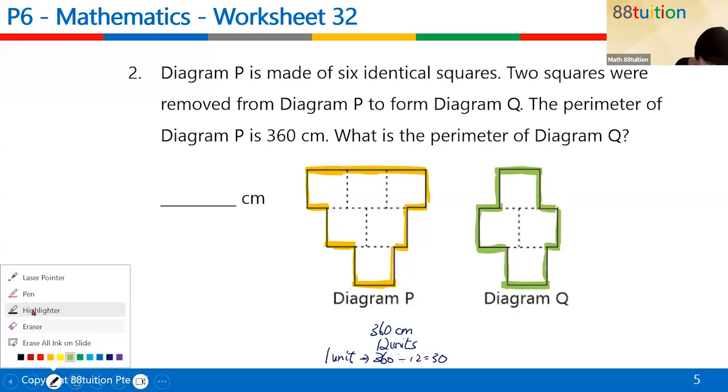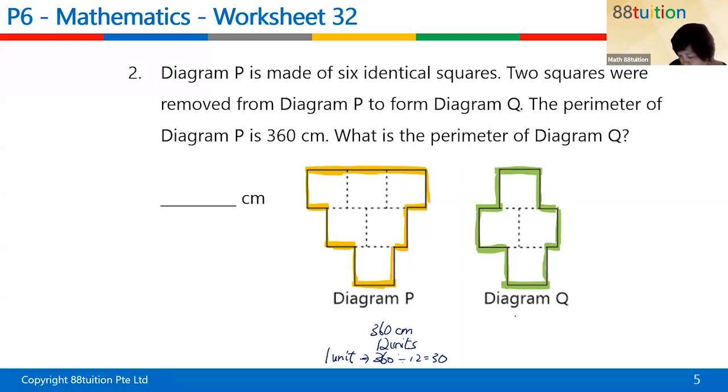So you have 10 units for the second diagram. So 10 units, because 1 unit is 30, right? So you need 300 centimeters. Okay. Next one.